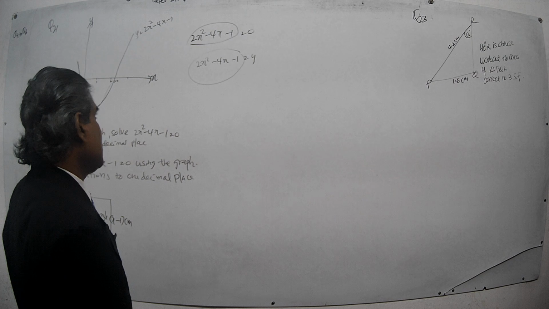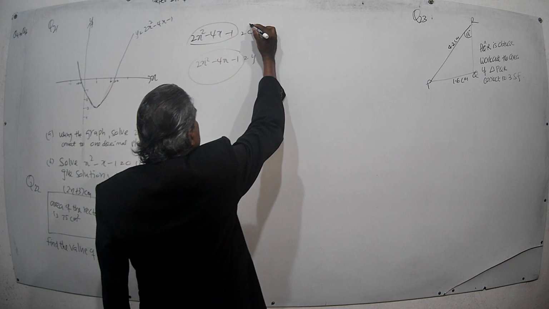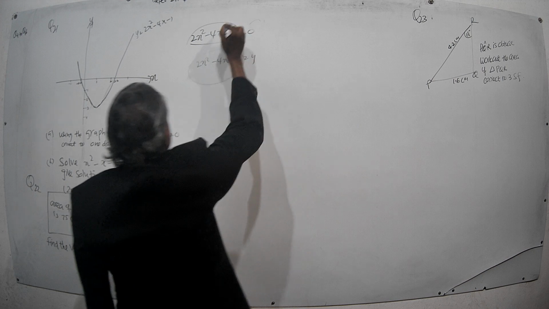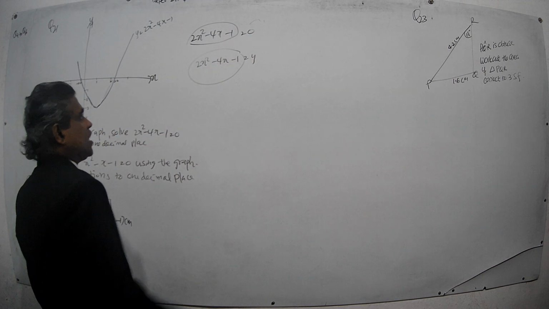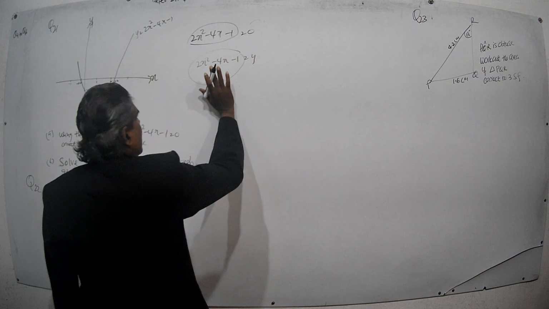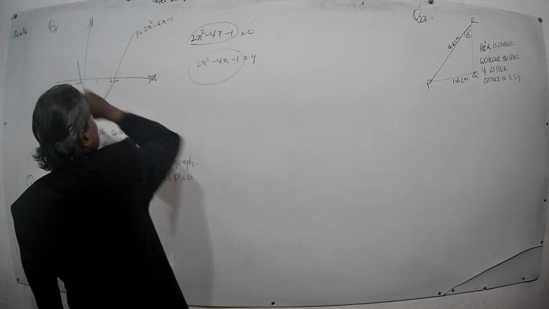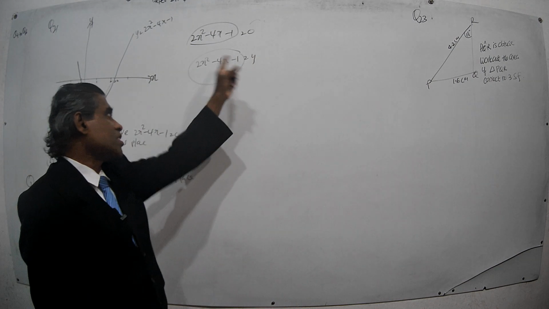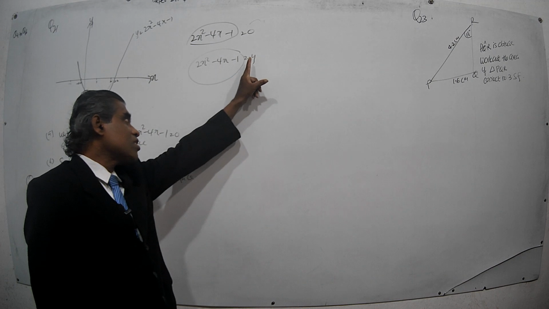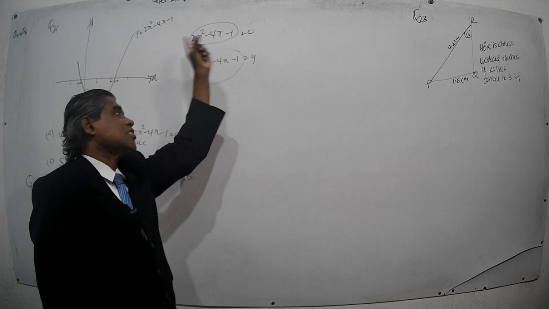So, solving this equation, what is expected to be found is the x values of this graph when y is 0. Because the graph equation is this, and if you put 0 for y, you get this quadratic equation.